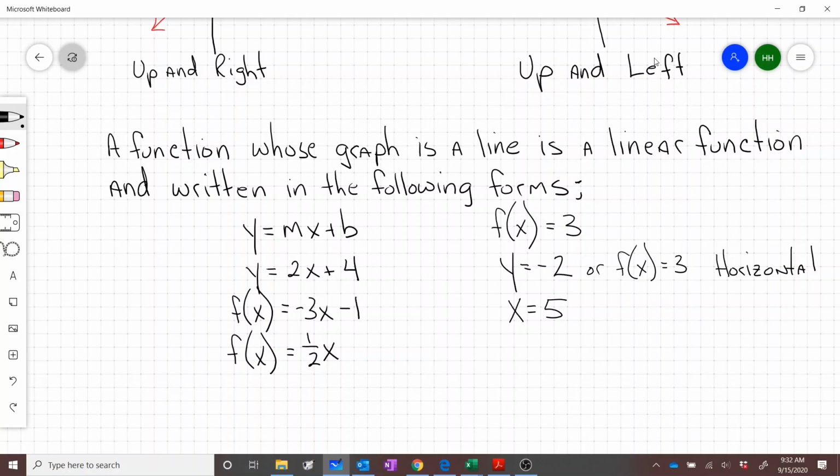Any line in the form of x equals, those are all vertical lines.